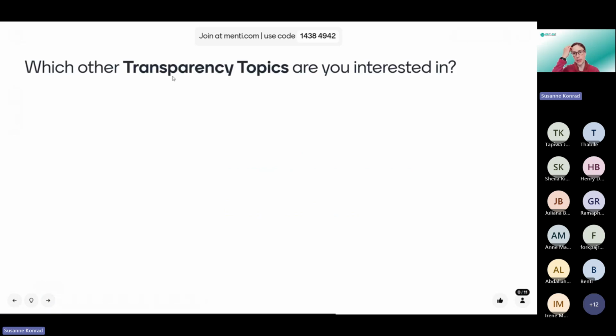Which other transparency topics are you interested in? Something that we could cover in future webinars, on future activities. Something that you would like to have elaborated on that we hadn't covered in this series, which covered basically the NDC tracking part. But if there are other areas that you are particularly interested in and that we could explore in future activities in the Anglophone Africa network.